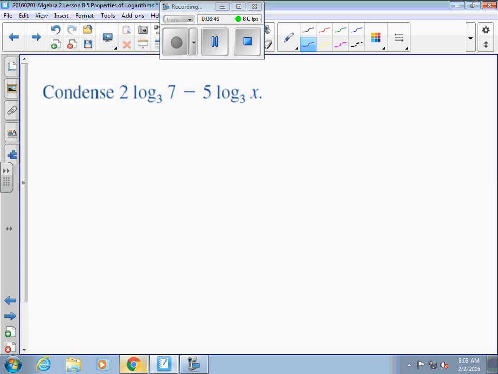Okay, again, first thing you want to do, move your coefficients into the exponent position. 2 goes there and 5 goes there. So you have log base 3 of 7 squared minus log base 3 of x to the 5th. So that's moving the coefficients to the exponent position.